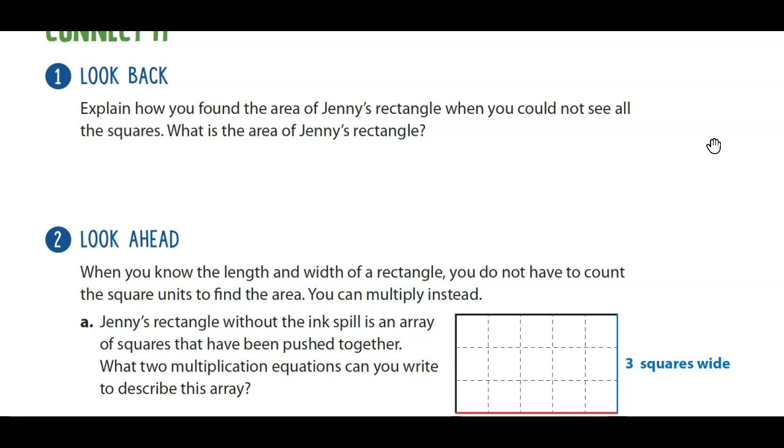So you counted by 5s 3 times. Brayden? How did you solve yours? I drew a rectangle. Then I counted, and I saw that there's 11. So on the one that she spilled the ink, I knew there was another square there because I could see 3 of them up on the top.